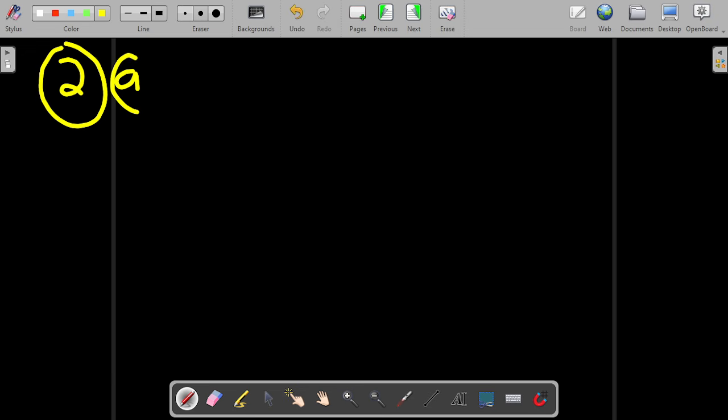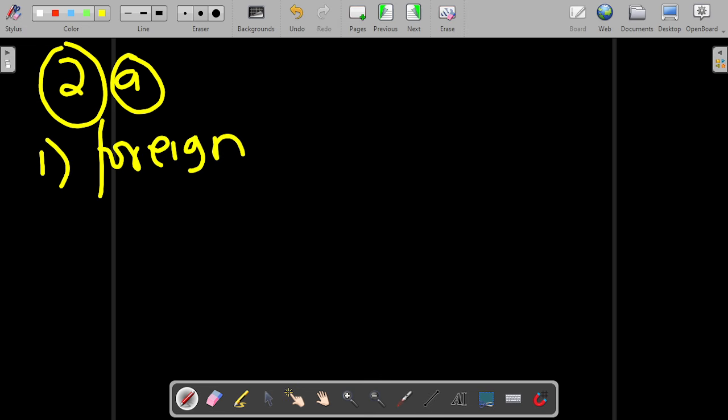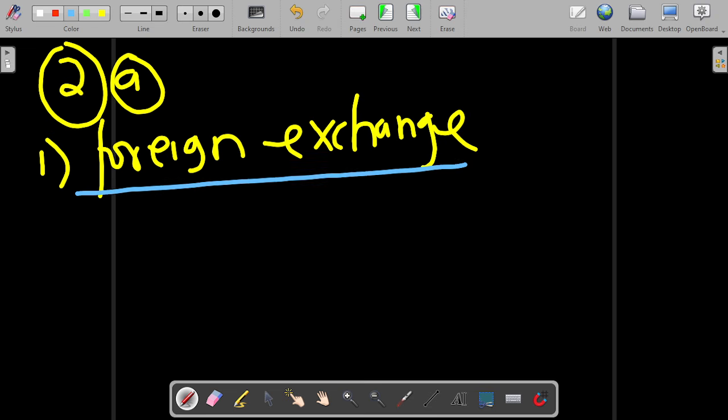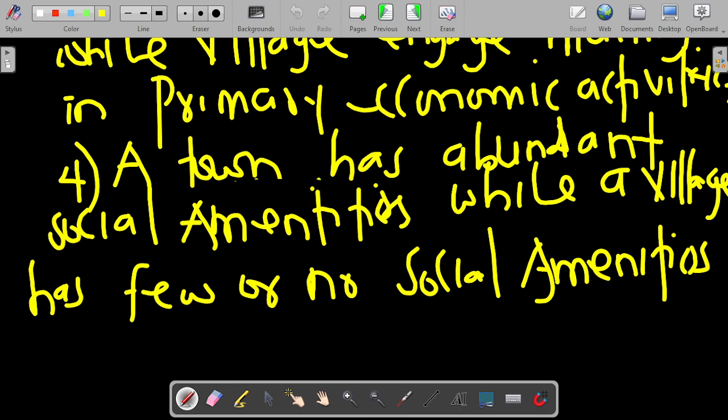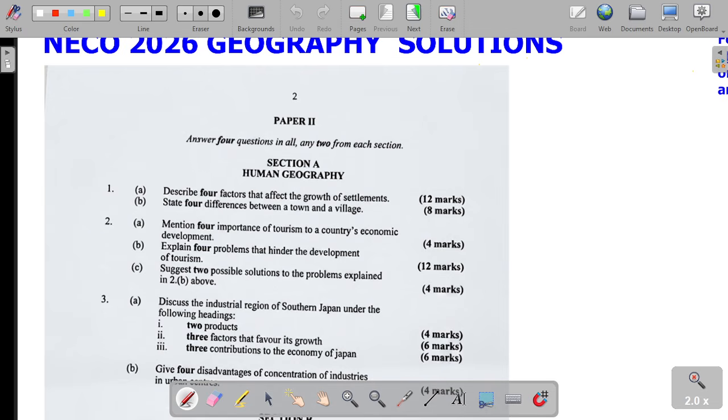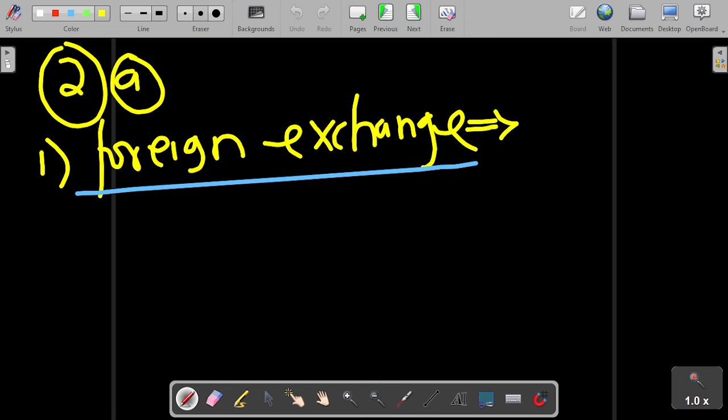So let's go to question 2A. Number 1, promote foreign exchange. The question says state 4 importance, so no need to explain.